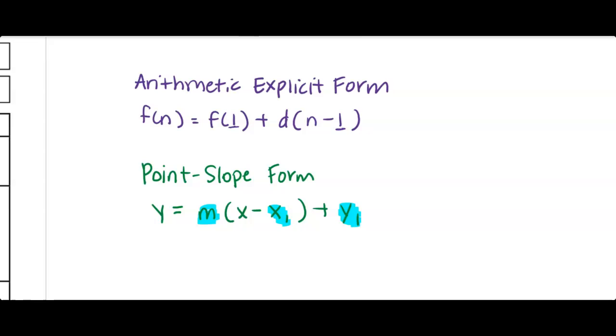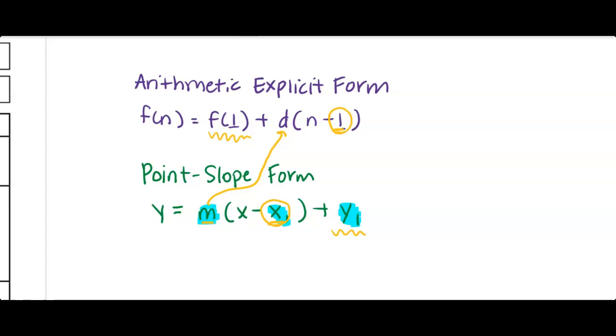And so what ends up happening is we've talked about the m being the d, so that comes from right there. And then this just tells us the term number, which is our x value. So these pieces are the same. And then this is the term, which would be the y. So the arithmetic explicit form and point slope form are really the same.